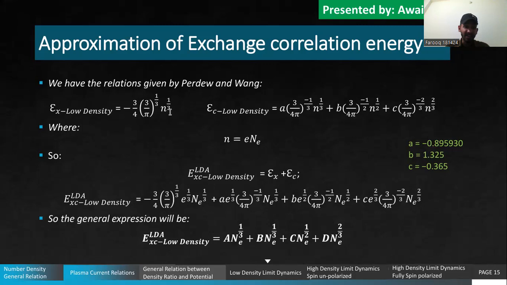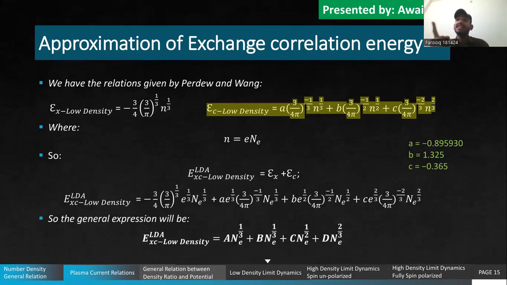The exchange functional is the analytical solution, but this is the experimentally generated formula of the curve. The correlation potential or correlation functional is the experimentally generated, numerically analyzed curve formula.